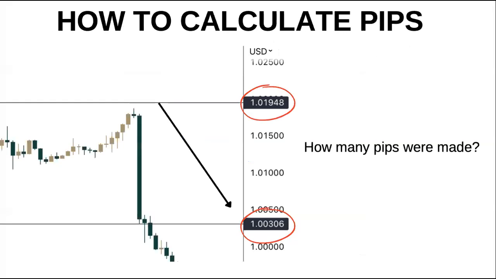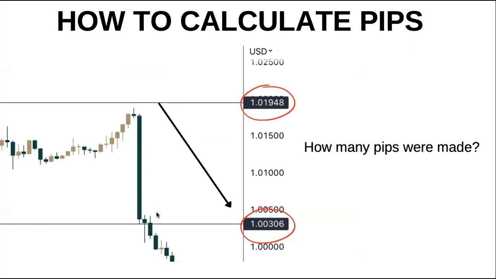So how do we calculate pips? You'll see here, I have a snapshot of a chart. Let's just say, for instance, we got into a Euro USD trade at 1.01948, and we're anticipating that price is going to drop, which it did.